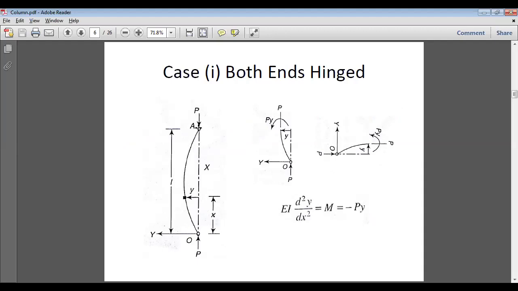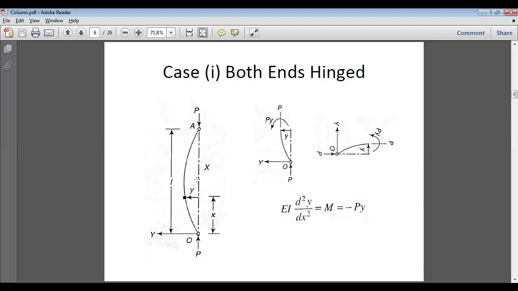So when this load is applied, this is the support and this is the load. So we can see the column will try to shift either this way or that way. We are taking just one condition, where the column is shifting leftwards.